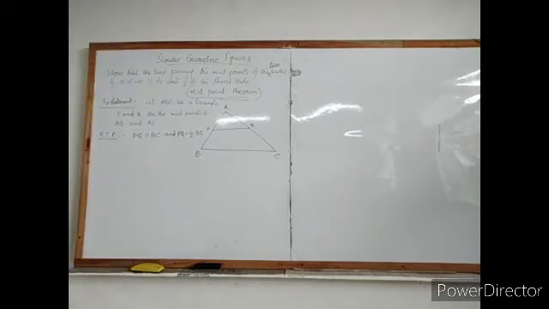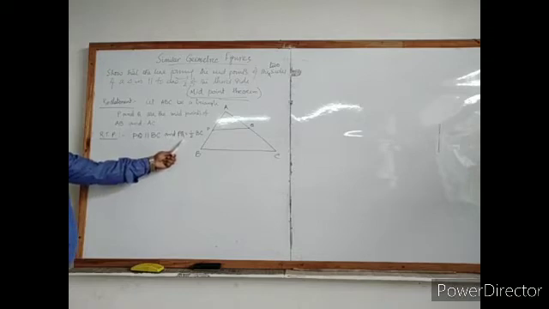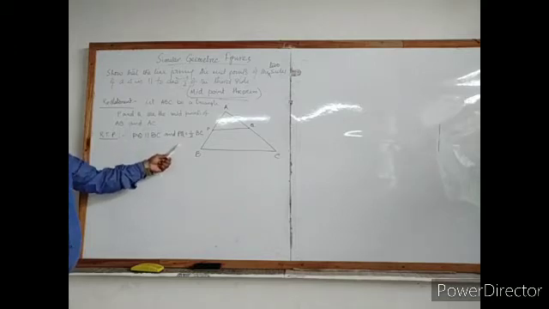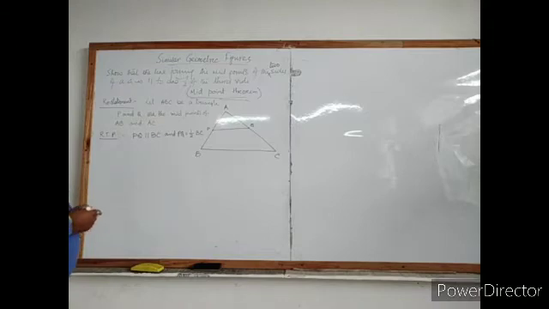Now to prove this one, we need to do one construction, because two things we have to show: parallelism as well as half of BC. Parallelism we can do by the converse of BPT, for which we do not require any construction. But for this part we need to do the construction. So what is that construction?